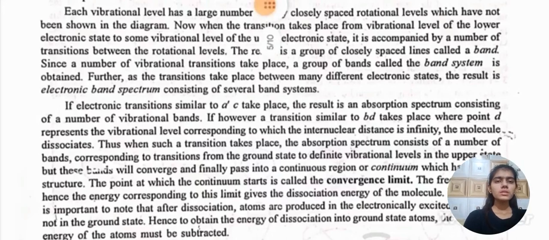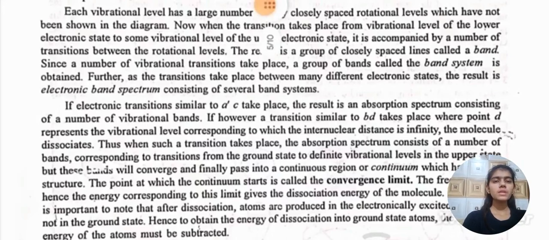If an electronic transition similar to A-C takes place, the result is an absorption spectrum consisting of a number of vibrational bands. If, however, a transition similar to B-D takes place, where point D represents the vibrational level corresponding to which the internuclear distance is infinity, the molecule dissociates.